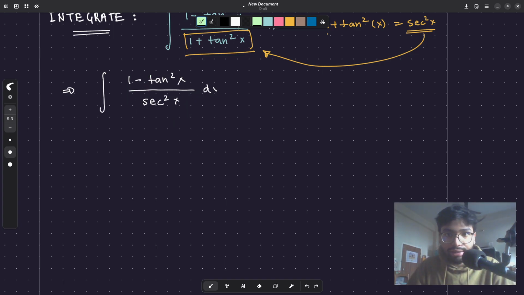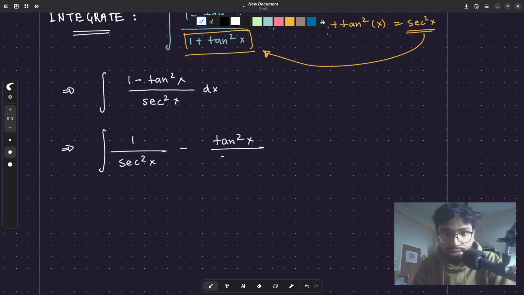Because we have this minus sign over here, it's going to make things much easier, because whenever we can divide it into two different fractions separated by an addition or subtraction, it's definitely much easier. So, minus tangent square of x over secant square of x dx.